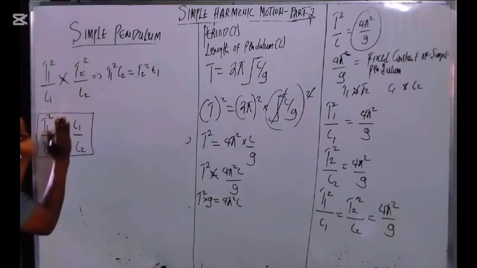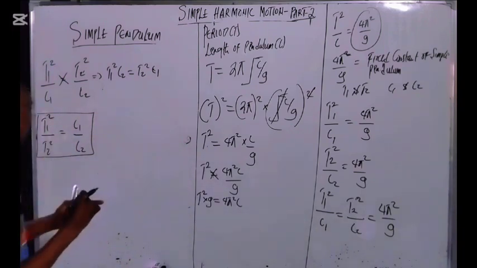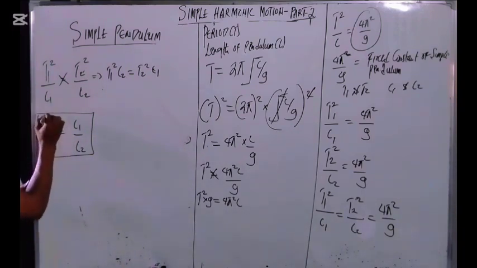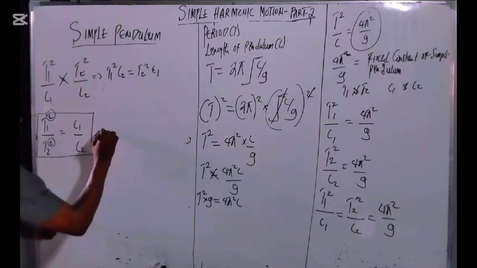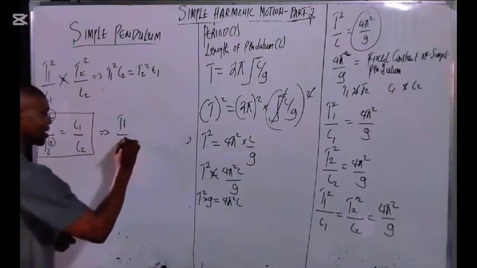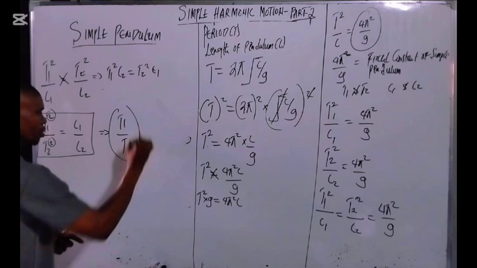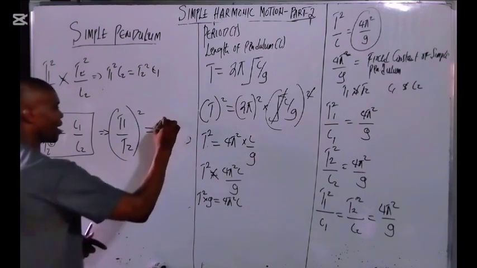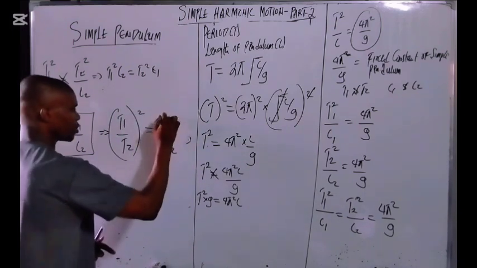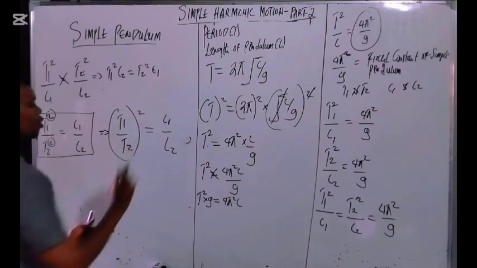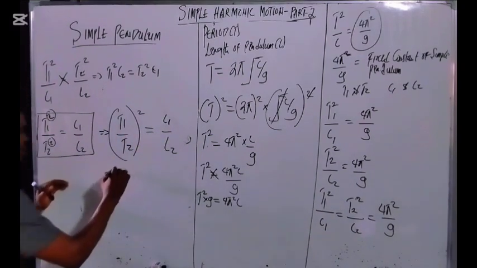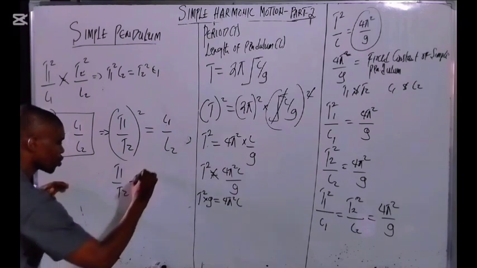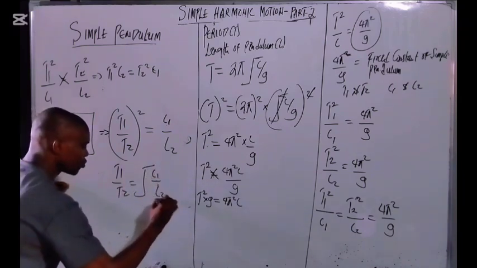So this formula I'm going to make use of here. Now remember this one is squared, this one is squared, right? So you can write it as T1 over T2 all squared equals L1 over L2. If you take the square root of both sides, you have T1 over T2 equals the square root of L1 over L2.